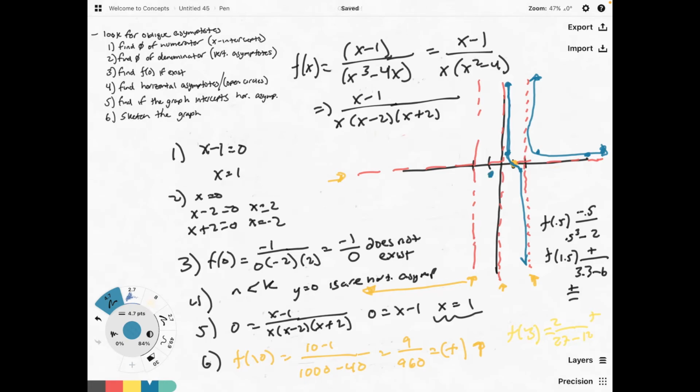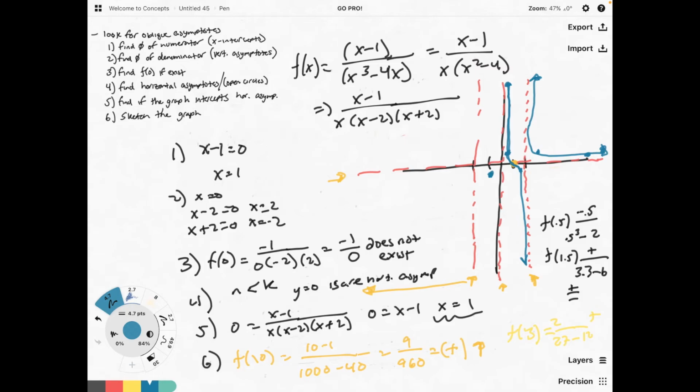And then going to the left and right, similar to what we did previously, if we do a negative 1.5, then we're going to get a negative 2.5 in the numerator. We're going to get, again, that 3.3 value down here, but that's going to be negative as well. And then negative 4 times that negative 1.5 is going to give us a negative 6, but it's really a positive 6.